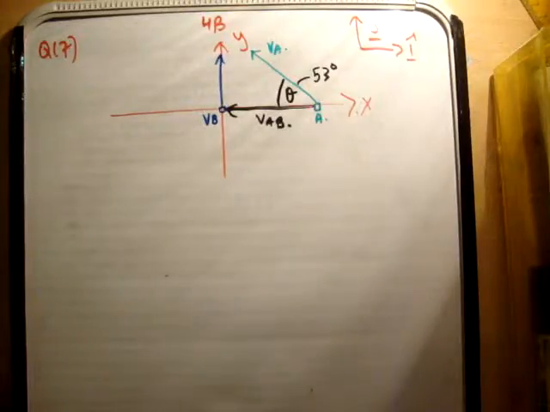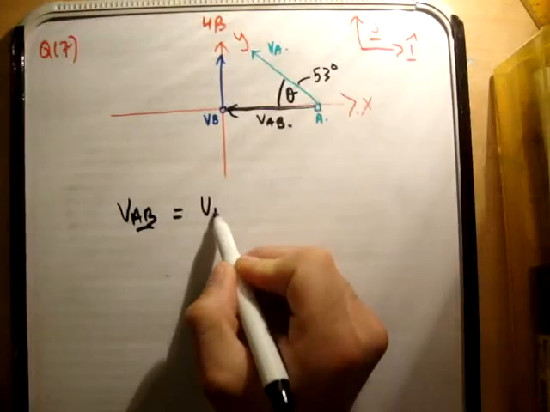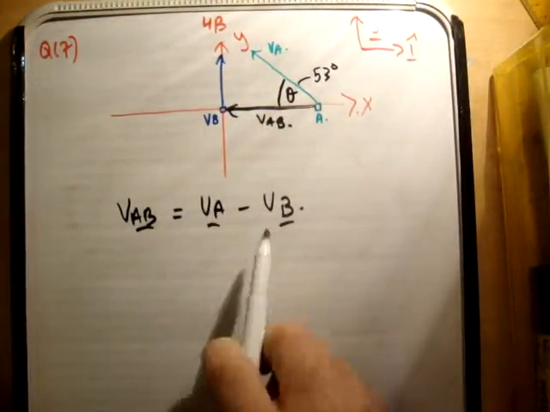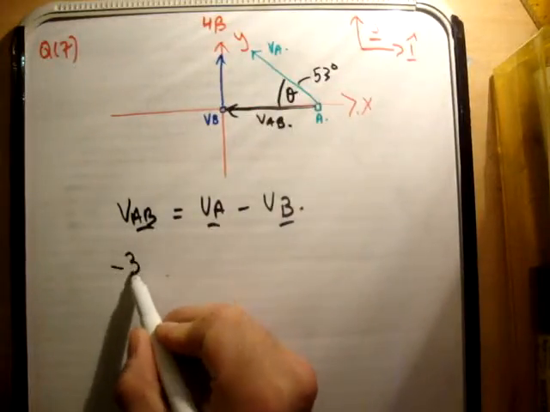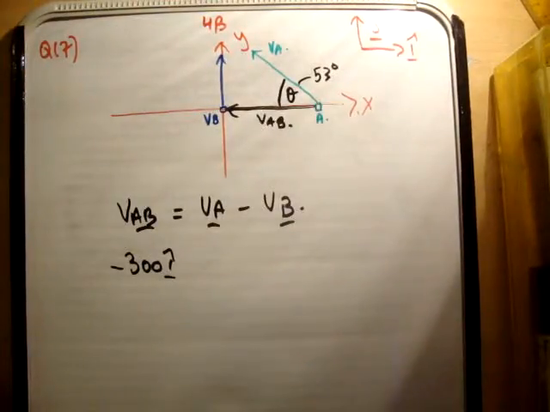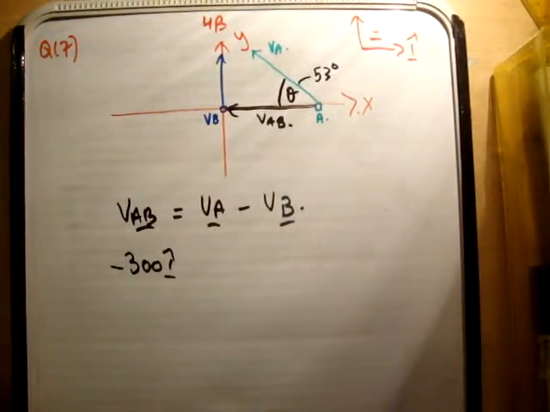So look, we're dealing with VAB, which is equal to VA minus VB. And crucially, that means that B is in a frame of reference whereby it is stationary. We're saying that VAB is equal to negative 300 i hat, and that they're on a collision course. So if B is in a stationary frame of reference, the only way in which particle A can reach B is by traveling along the x-axis.